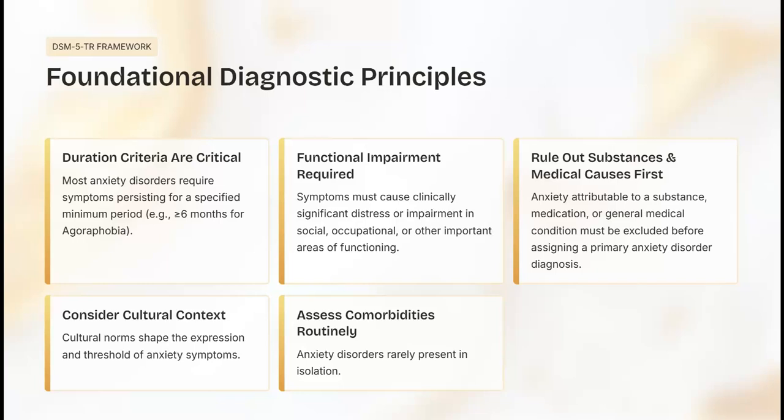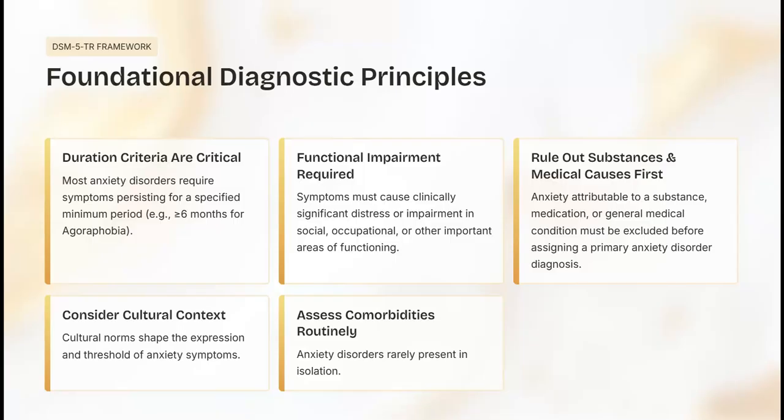We should rule out substances and medical causes first before assigning a primary anxiety disorder diagnosis. And then, of course, cultural context is important. What is diagnostically significant in one culture may be normal in another one.